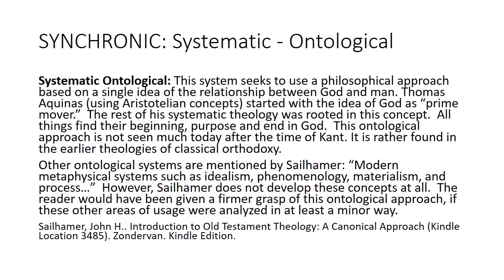Looking over those terms, Selhammer really doesn't develop these concepts at all. I personally would have really enjoyed seeing each of these, at least in some small way, developed. I believe the reader would have been given a firmer grasp of the entirety of the ontological approach if other areas of usage were analyzed in at least a minor way.